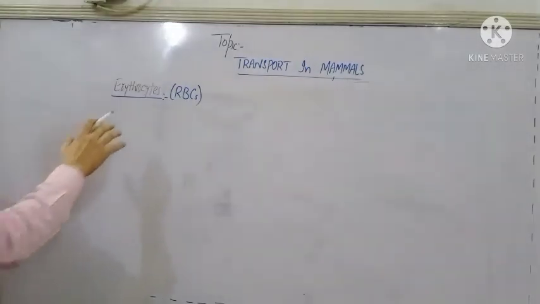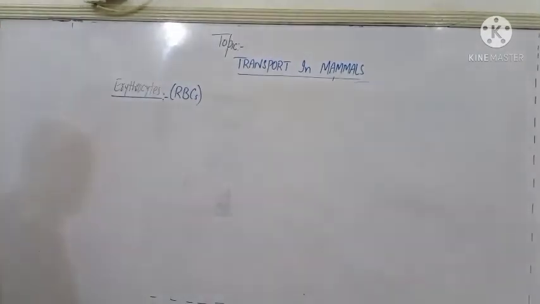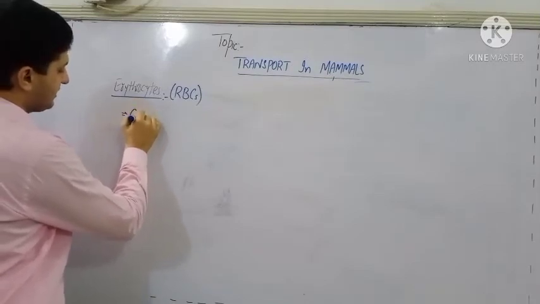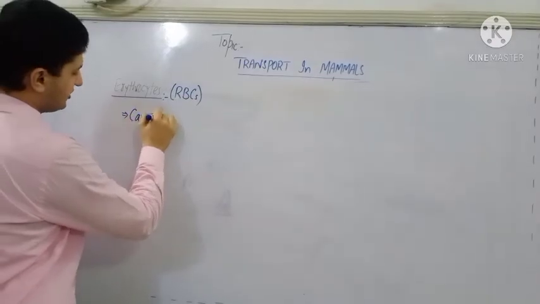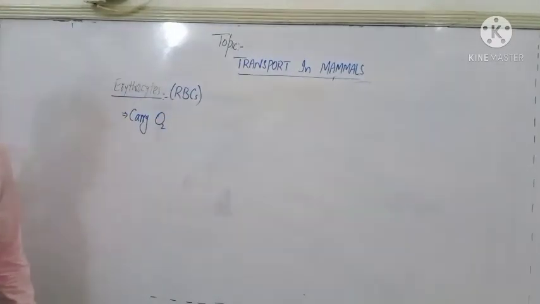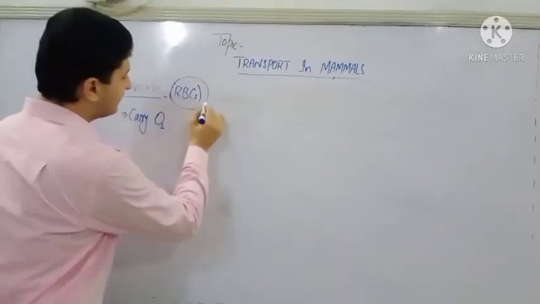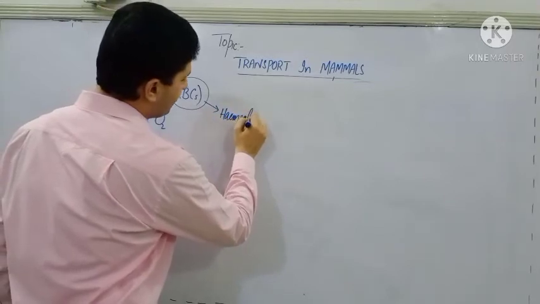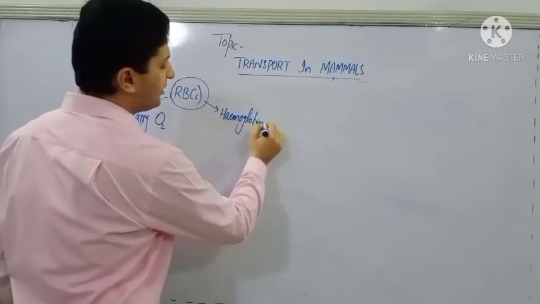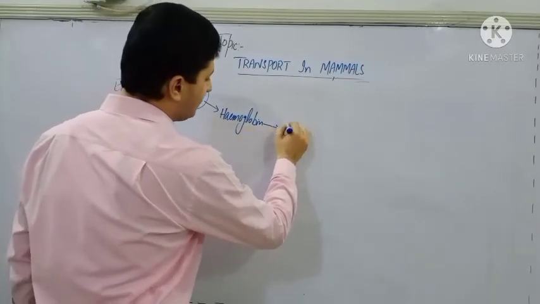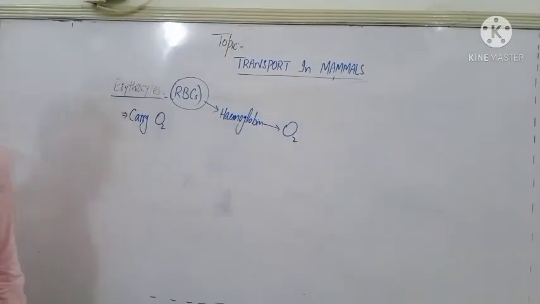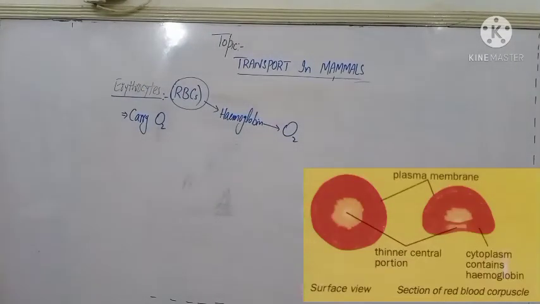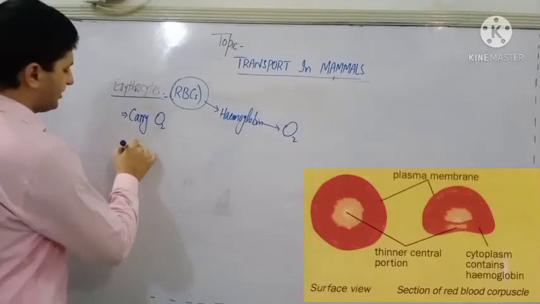We know that the function of red blood cells is to carry oxygen in our body, because these red blood cells contain a protein known as hemoglobin, and this hemoglobin is a specific protein which carries the oxygen and transports it to our whole body.